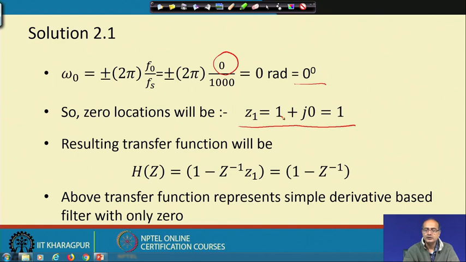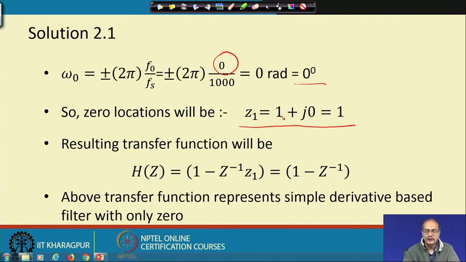So, we need not go for the conjugate pair; otherwise we could add a conjugate zero pair and have the two zeros at the same location. But as it is already a real filter, we do not need to use the conjugate zero.